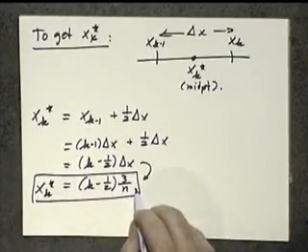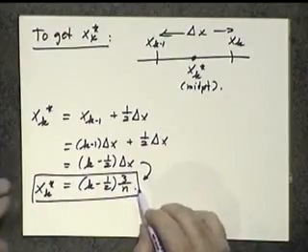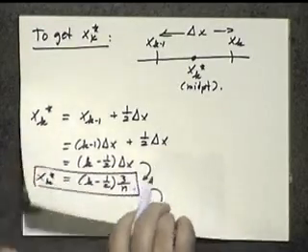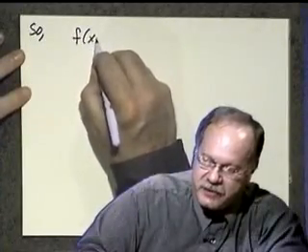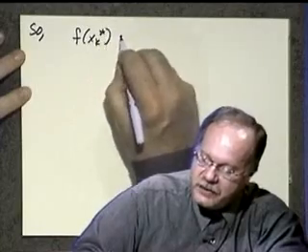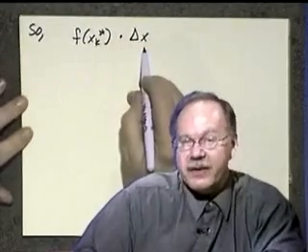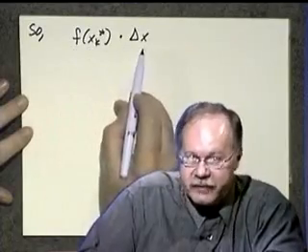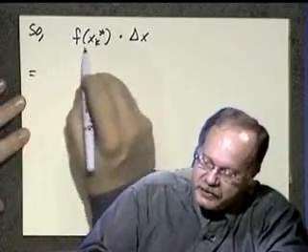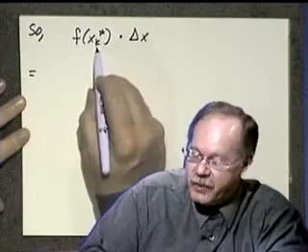The next thing to do is evaluate xk star using the function f, and we'll work our way toward the final limit we're looking for. So f of xk star times delta x. This is the area of one rectangle, remember. And we know xk star now, so we can do all of this. F of x was 9 minus x squared.